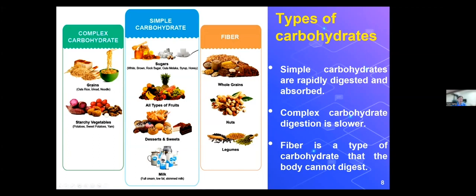Complex carbohydrates are digested a little bit slower, as I mentioned. They need to be cut to become smaller sugars to get absorbed. It takes some time. So those are grains, starchy vegetables. They are high in carbs, but relatively called complex carbs, relatively slower in absorption.